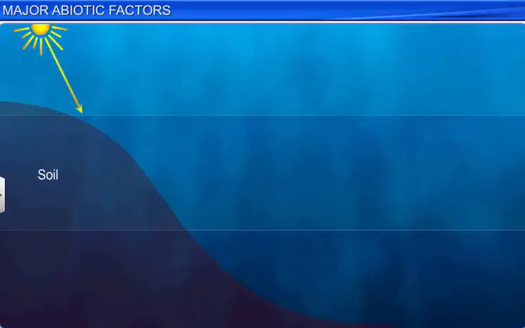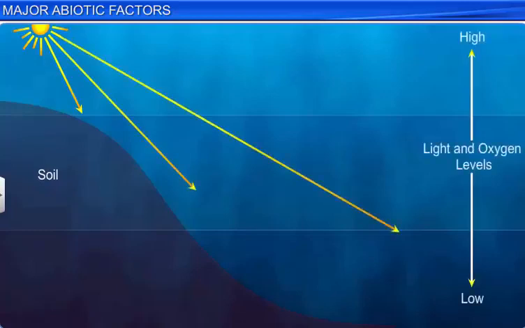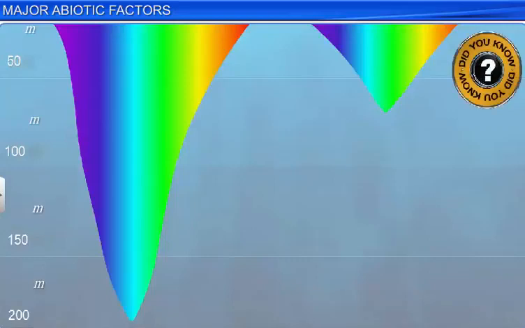When sunlight falls on the surface of water, a small percent is reflected back into the atmosphere, while the remaining filters downward. Did you know that the longer light rays of the light entering the sea are absorbed near the surface of the water, while the shortest light rays penetrate deep down?